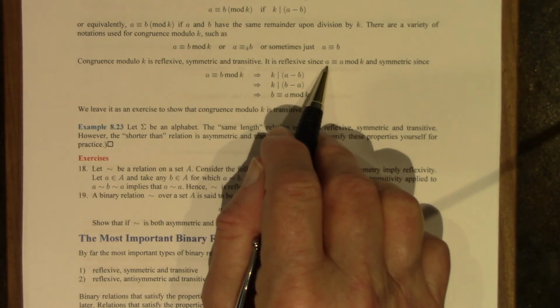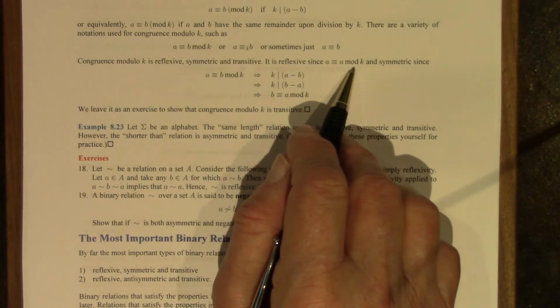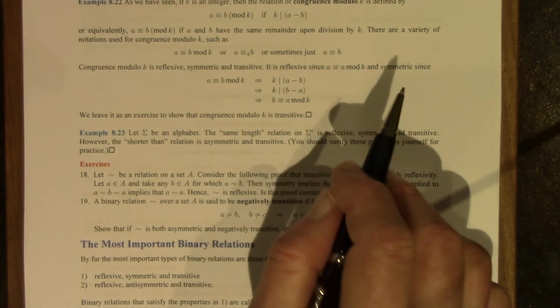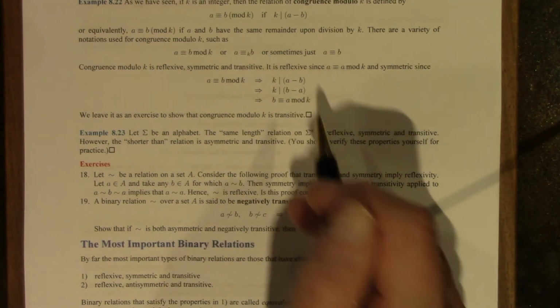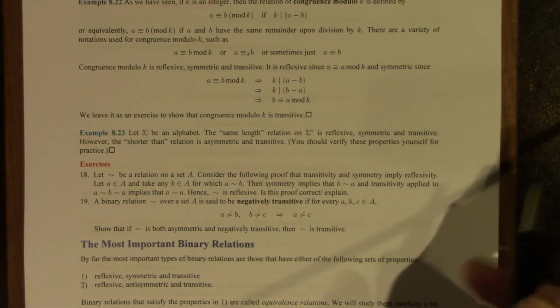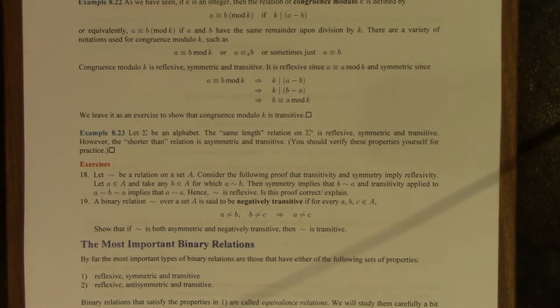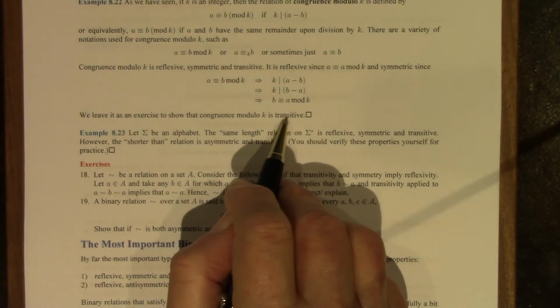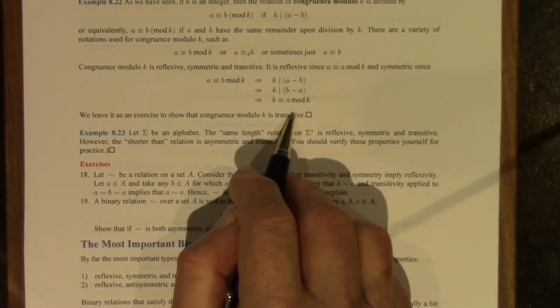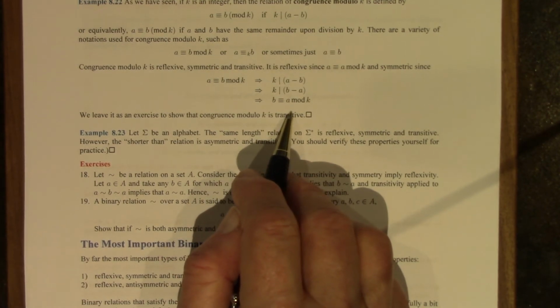Reflexivity just means that a is congruent to a mod k. But I think it would be better if I had left these for you to check, because it's, again, good practice. These are pretty simple. Transitivity is a little bit testy, so you're going to have to do a little bit of work to check transitivity.